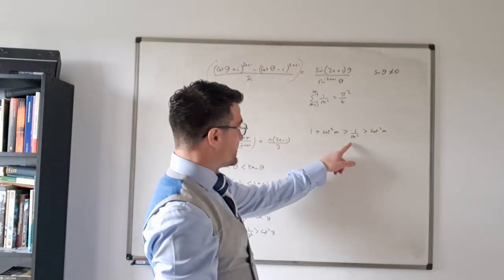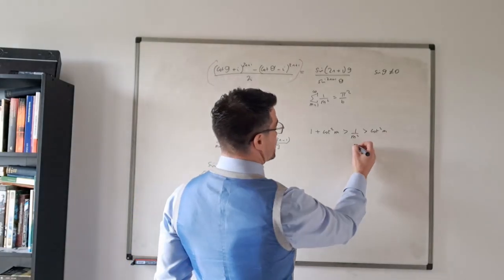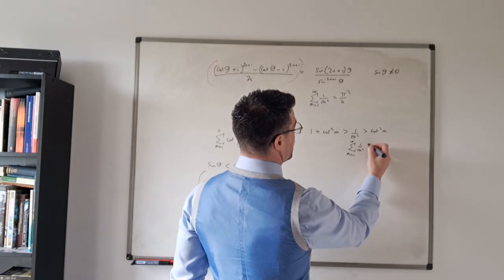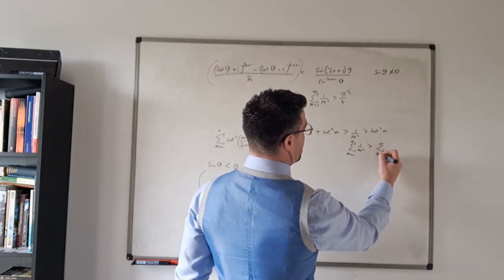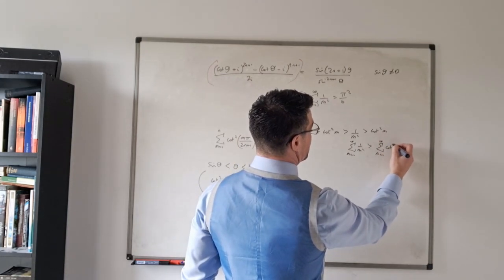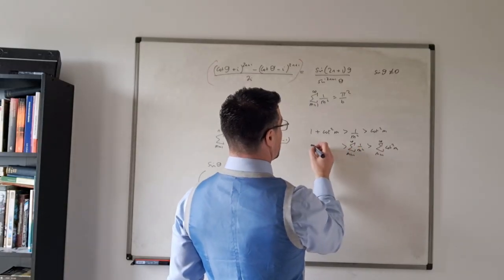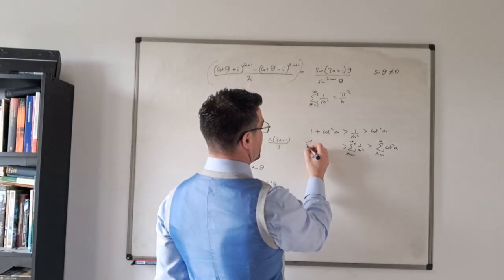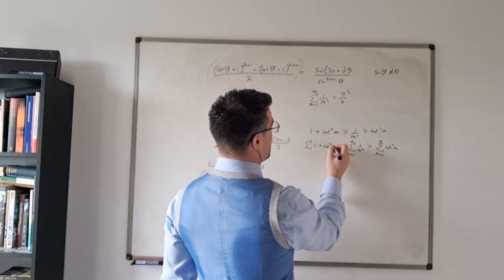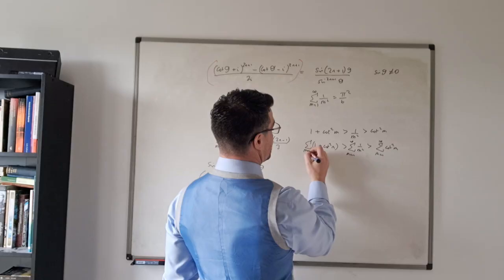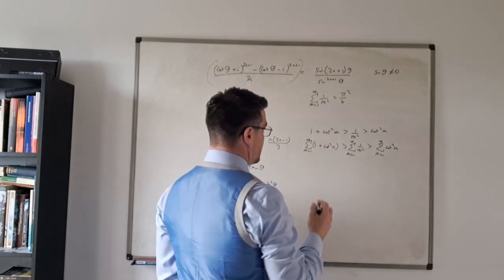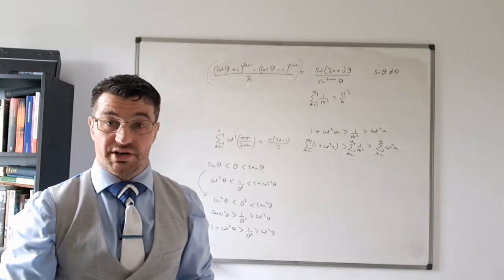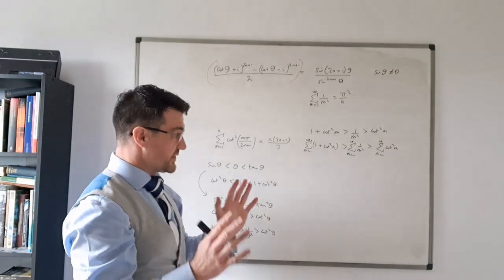And then you can sum these, right? You get the sum from m equals 1 to infinity of 1 over m squared greater than the sum from m equals 1 to infinity of cot squared m, and so on and so forth. Uh-oh, we're going to have a bit of a problem here if we're summing over infinity. But let's just ignore that for now. This doesn't work, okay? For all sorts of reasons.